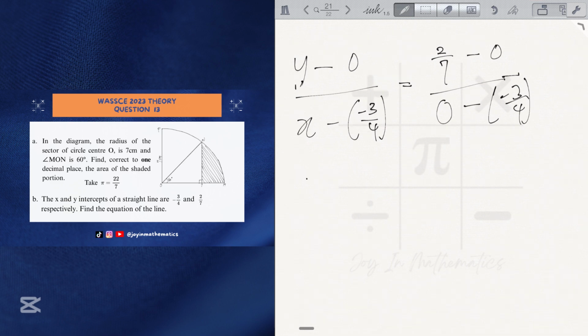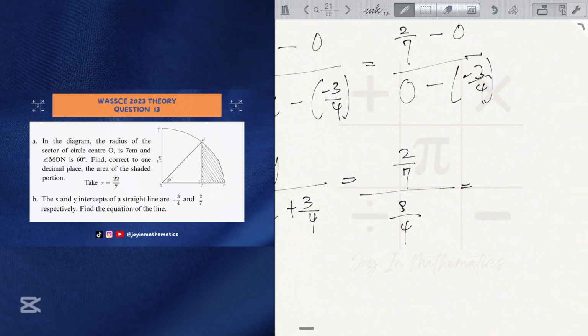So we'll have y minus 0 to give us y, x minus minus 3 over 4 to give us x plus 3 over 4, and 2 over 7 minus 0 we'll have 2 over 7, and 0 minus minus 3 over 4, this will result into 0 plus 3 over 4, and this will give us 3 over 4.